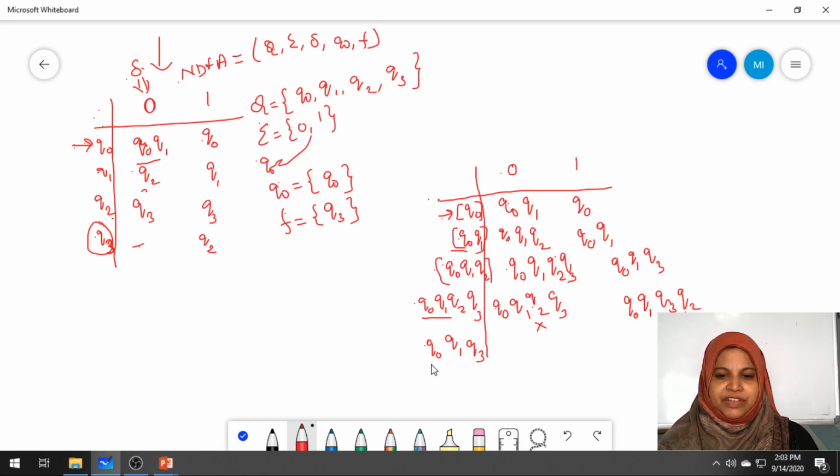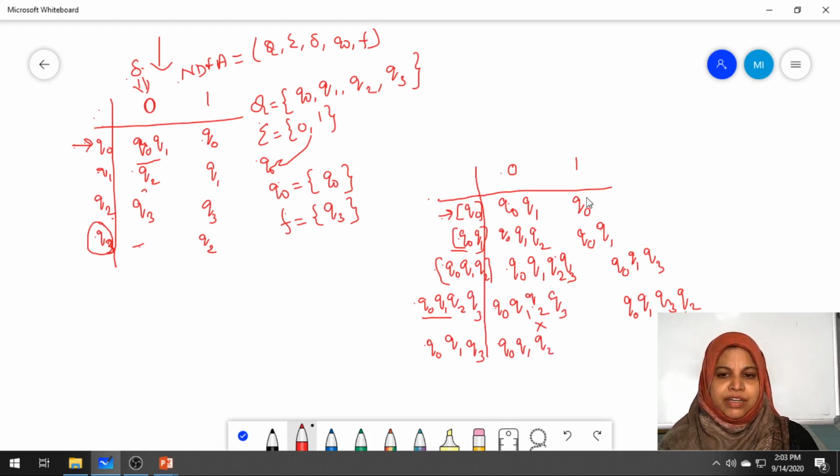Now, one more new state is there, q0, q1, q3. q0 on 0 is q0, q1. q1 on 0 is q2. q3 on 0 is null, so leave it.